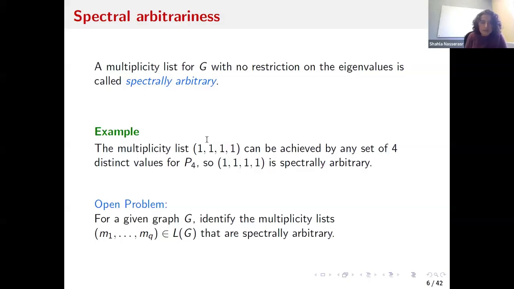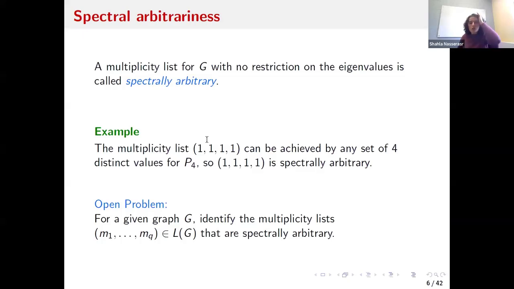So for instance, a very small example: in the path on 4 vertices, it is well known, and this is true in general, as I'll mention in a minute, that any set of 4 distinct values can be the spectrum of a symmetric tridiagonal matrix of size 4. Therefore, the sequence 1, 1, 1, 1 is spectrally arbitrary for paths.